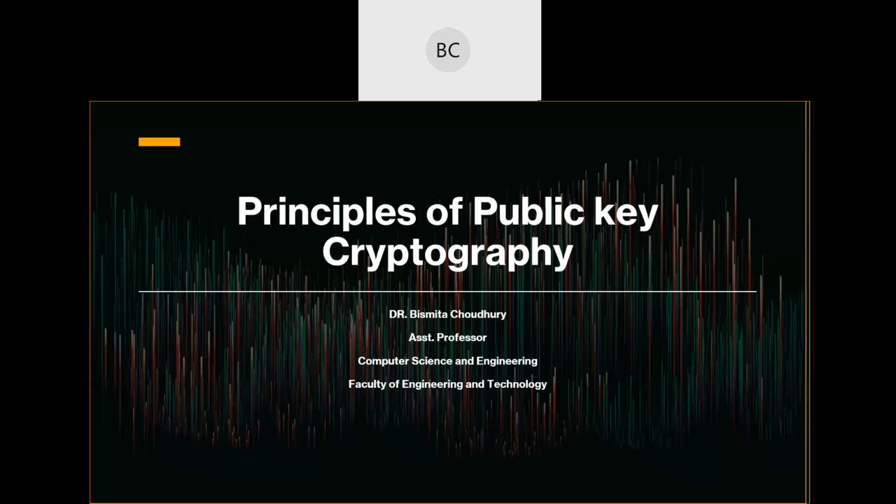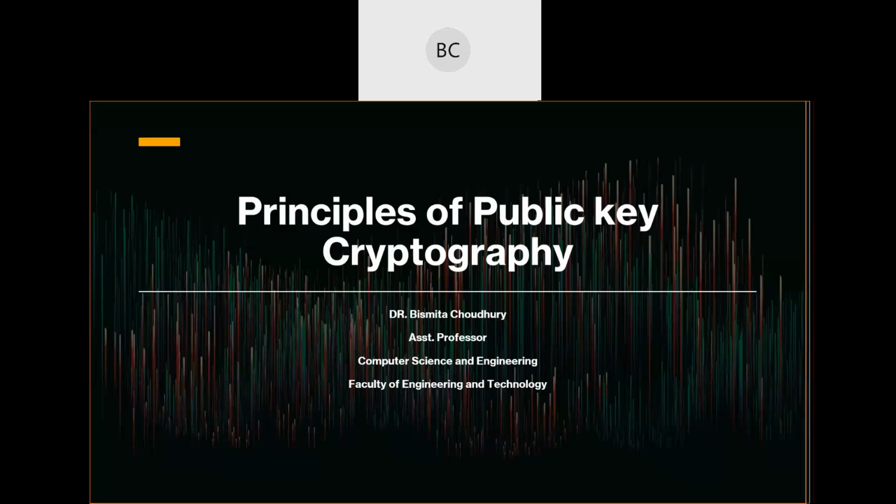Now, in the case of a symmetric key crypto system, it has problems in terms of both of these principles. So in symmetric cryptography, what happens? The problem associated with confidentiality is that, as we all know, a secret key is used for encryption as well as decryption.